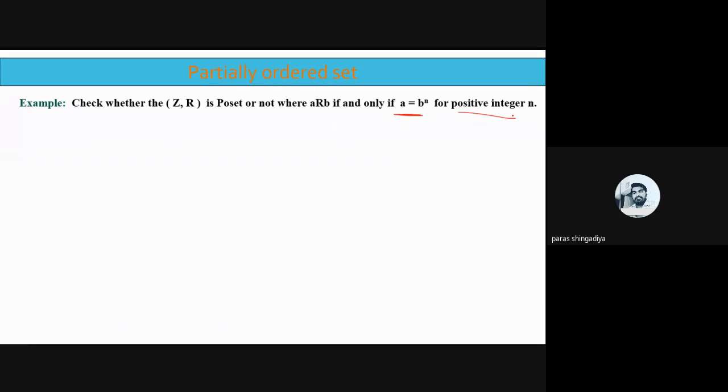To check whether it is a partially ordered set or not.